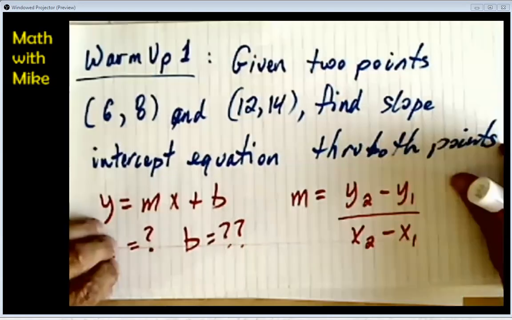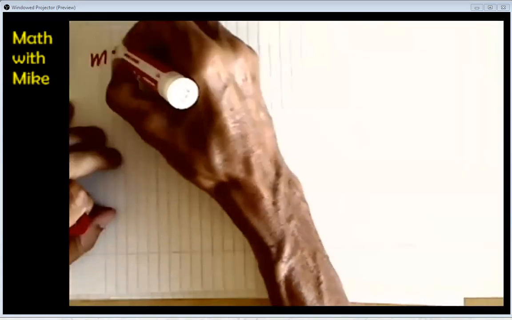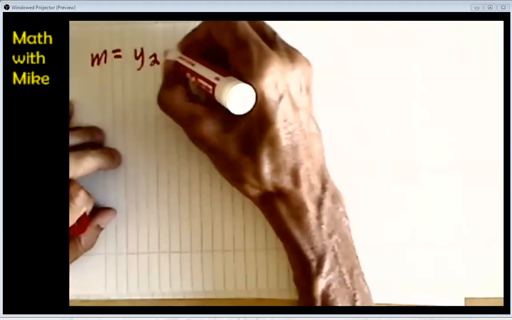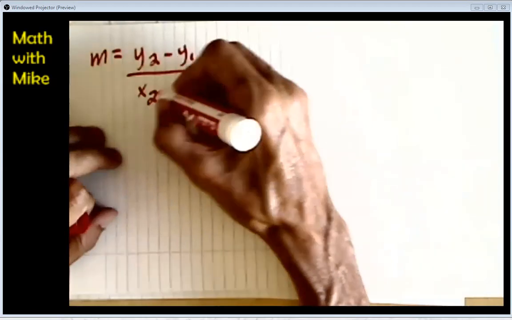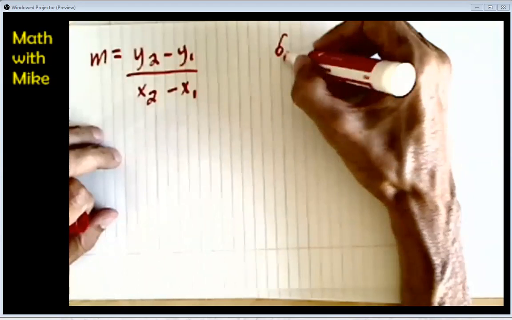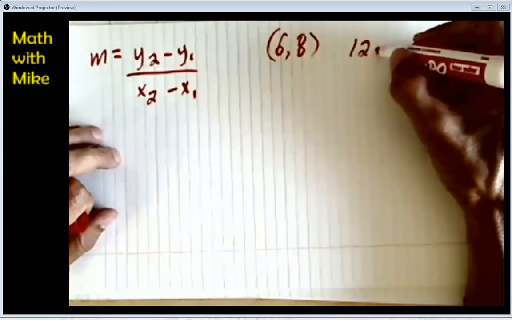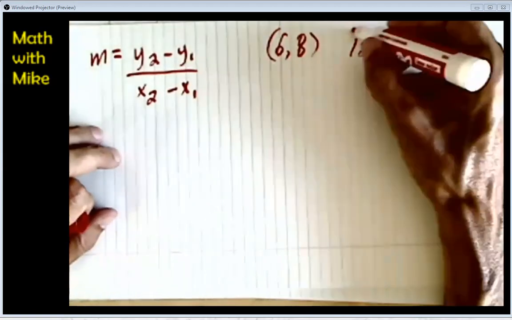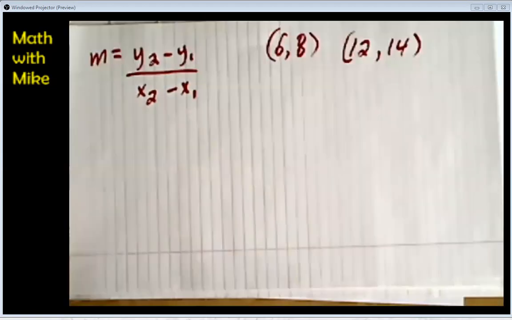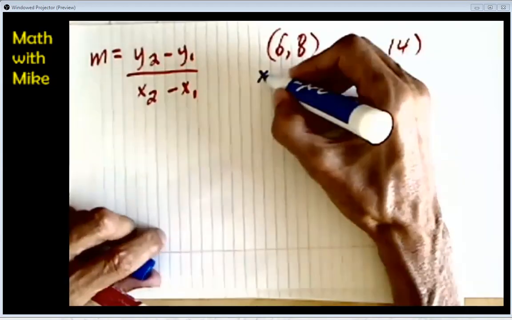I'll take this off screen, but you'll see it's y2 minus y1 over x2 minus x1. Our points that we had were 6, 8, and 12 and 14. Just because of the order that they're in, x is always first.